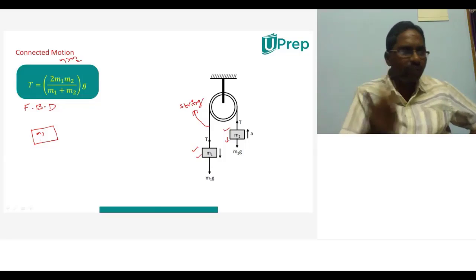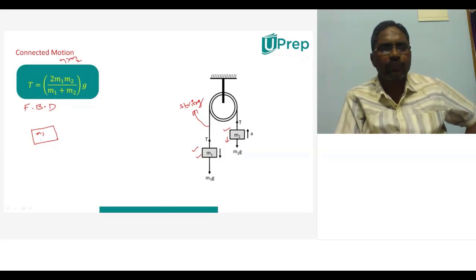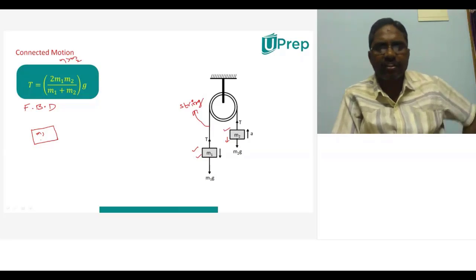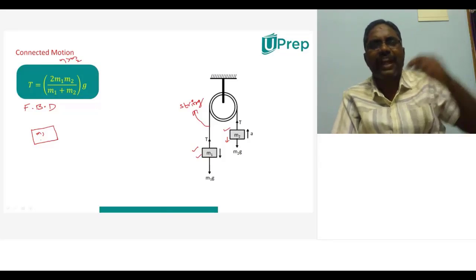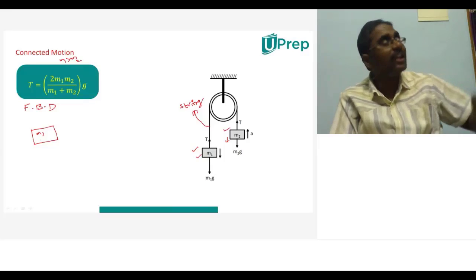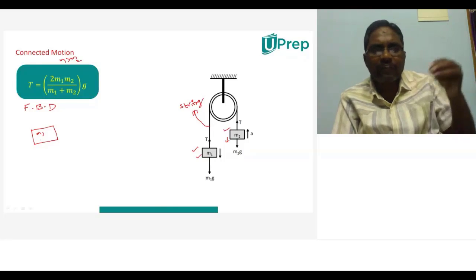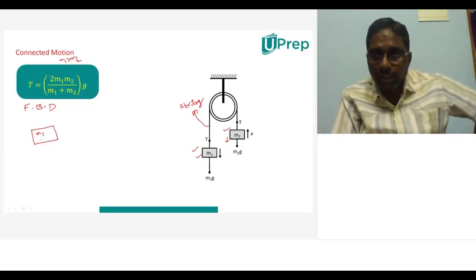Weight. Very good. What do you mean by weight generally, Arnav? Sir, the force with which the Earth pulls objects towards itself. Very good. The force with which earth pulls all the objects towards it will be called the weight of the object. So for every object, weight will act in which direction?